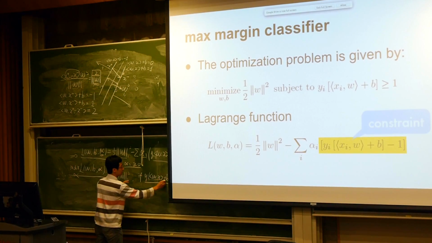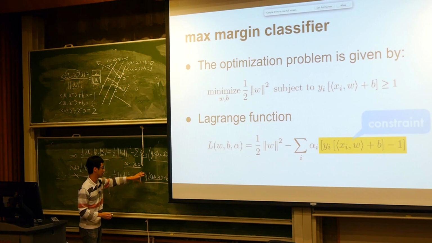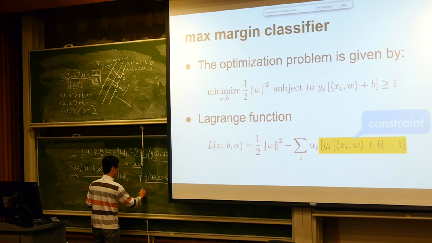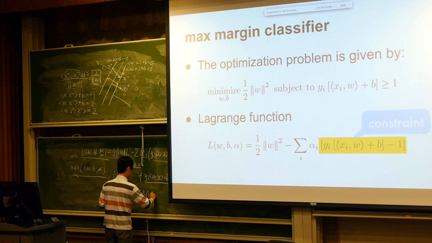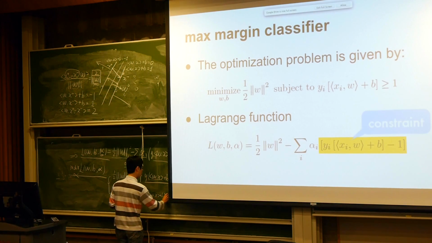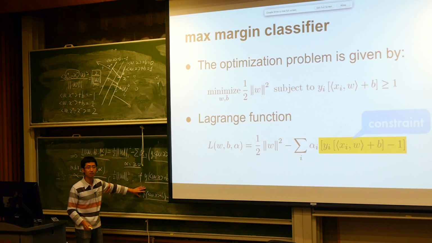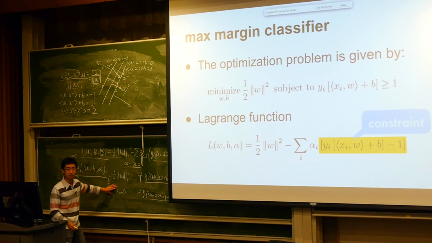If any of the constraints violates this requirement, then it becomes infinity. If any of the requirement is not satisfied, then the value is infinity.